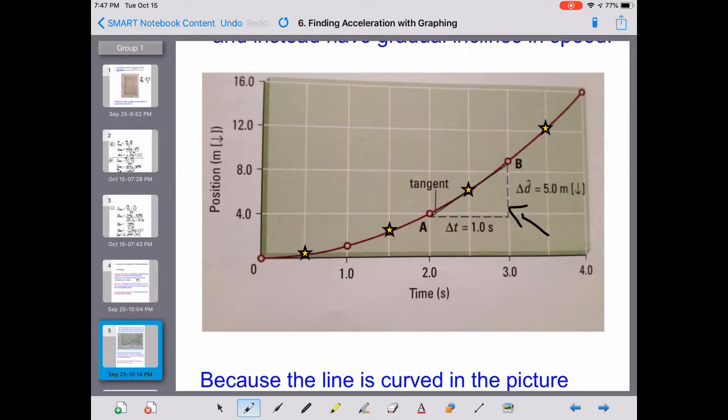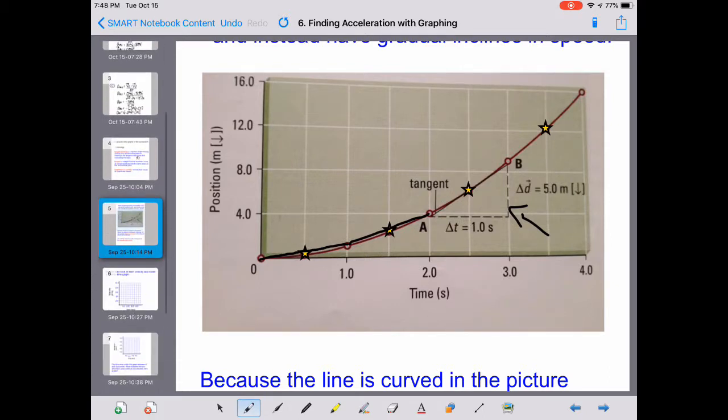So we're going to go to each star and draw a line that goes from point to point, and see how this changes. Then we're going to find out what the speeds are at each of those points, and then plot them out.